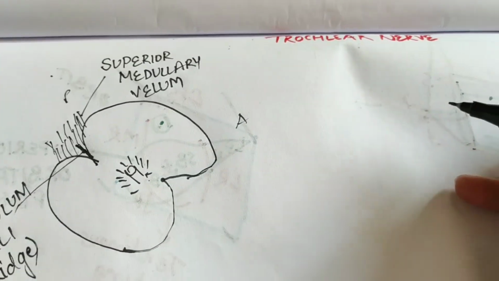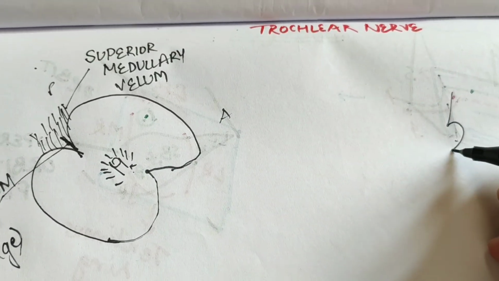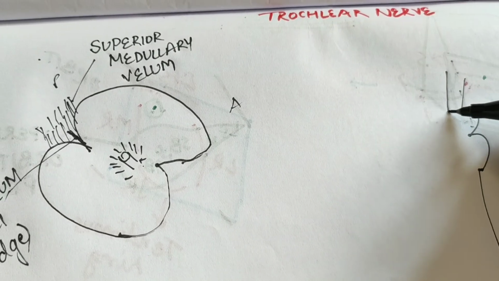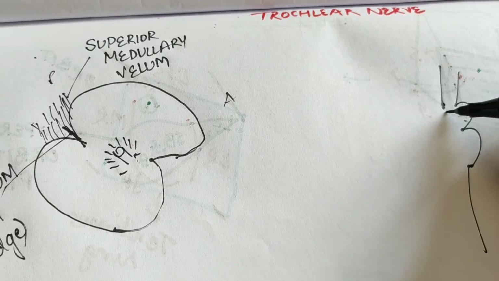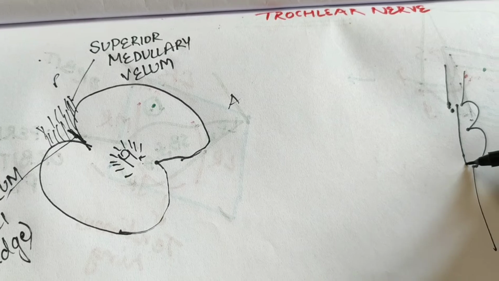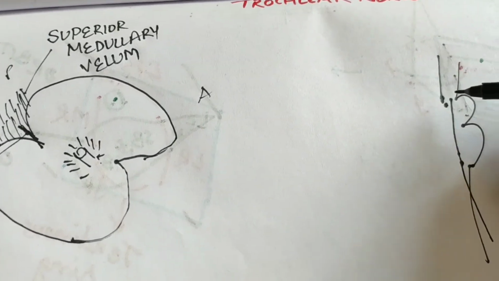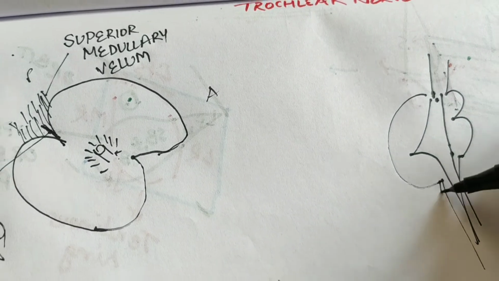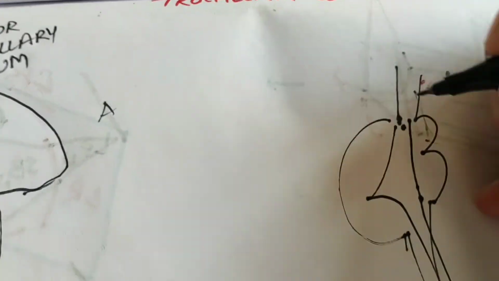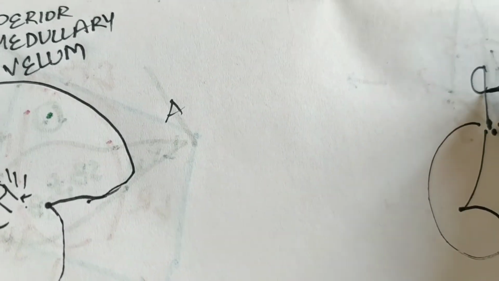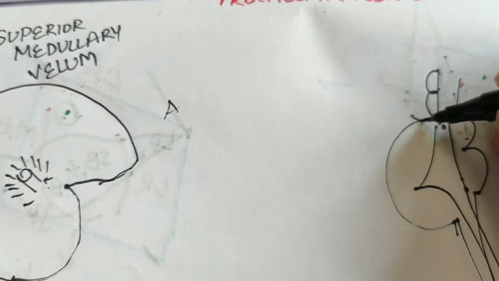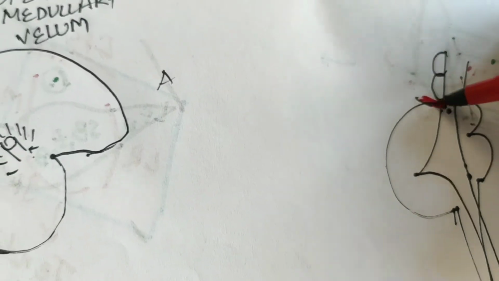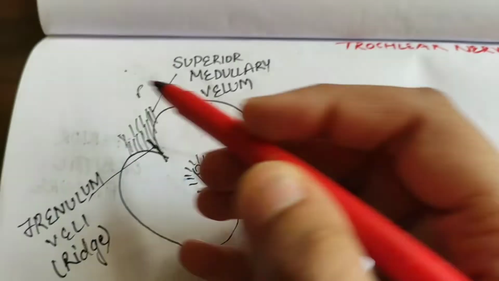If I show you in side view, this is the cerebellum, this is the superior colliculus, this is the inferior colliculus, and this part is the superior medullary velum.